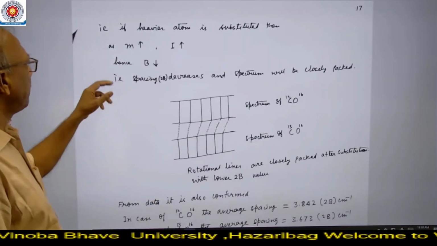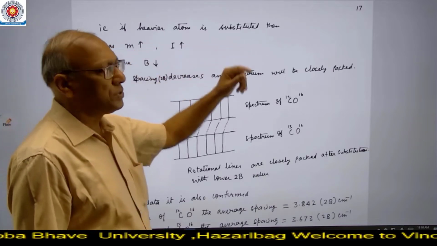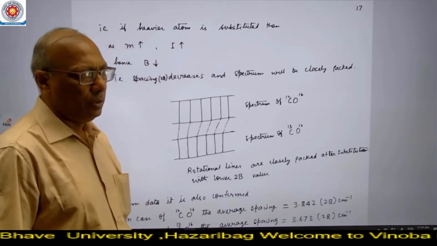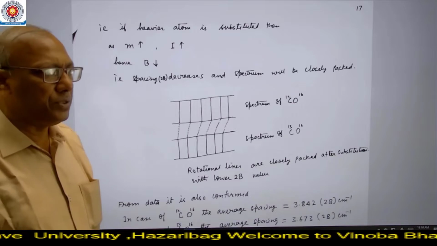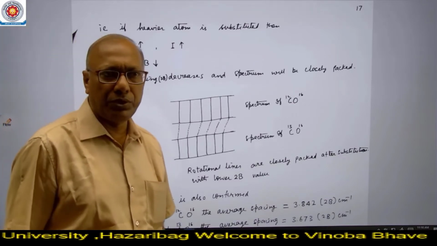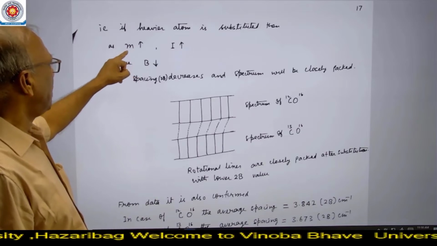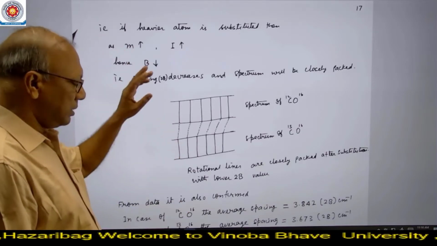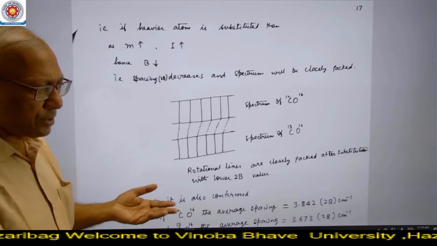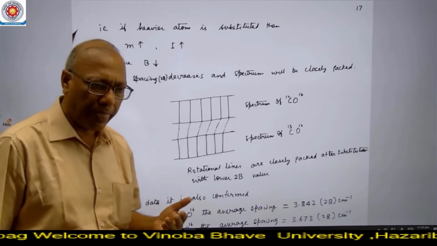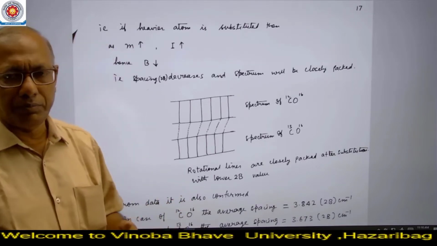In short, we can write this explanation. If a heavier atom is substituted, suppose we take deuterium in place of hydrogen in the HCl molecule, then what happens? Mass is increased. The mass of the hydrogen atom is 1, whereas the mass of deuterium is 2.